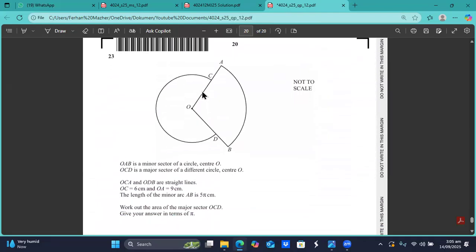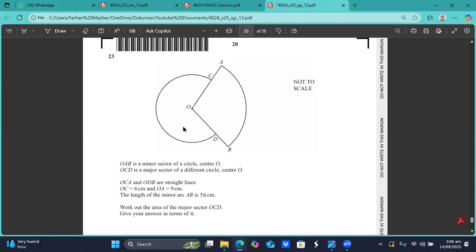And it says here we have a shape. OAB is a minor sector of a circle center O. It says OCD is a major sector of a different circle, center O. Both have the same center. OCA and ODB are straight lines.